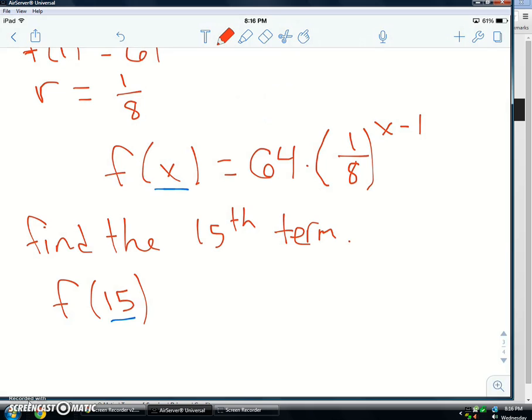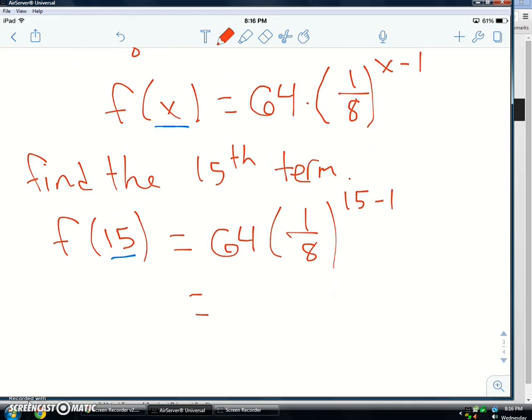Okay, so f of 15 would equal 64 times 1/8 to the 15 minus 1 power, or you could simply write that as 64 times 1/8 to the 14th power. Okay, and then you could just throw that in the calculator and get out a value. It's going to be pretty small for you.